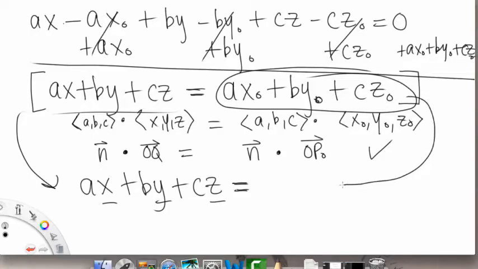So this is often referred to as just a single letter D, okay? That just subs in for all of the stuff circled above. So we've come to, I guess, the most common form of an equation for a plane, which is n, our normal vector, dotted with (x, y, z), that's a random point, equals d.